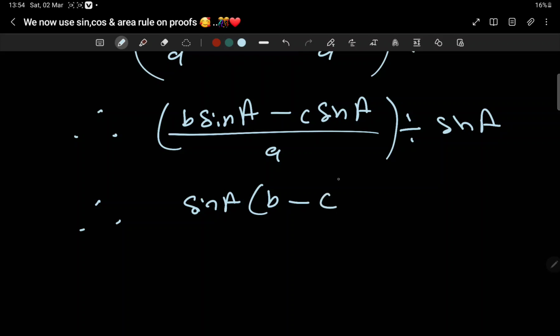Then here we remain with c, because we are taking out the sine A over a.